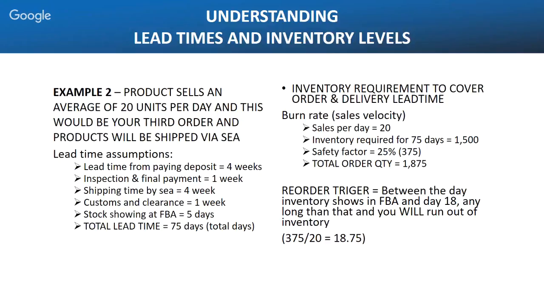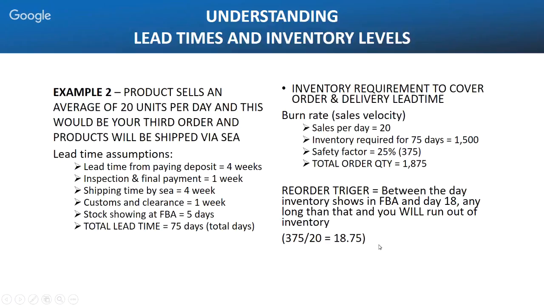So ordering trigger between the day inventory shows in FBA and day 18, any longer, and then you will run out of inventory. Okay, now the way I work that out is 375 divided by that 20 is 18.75.